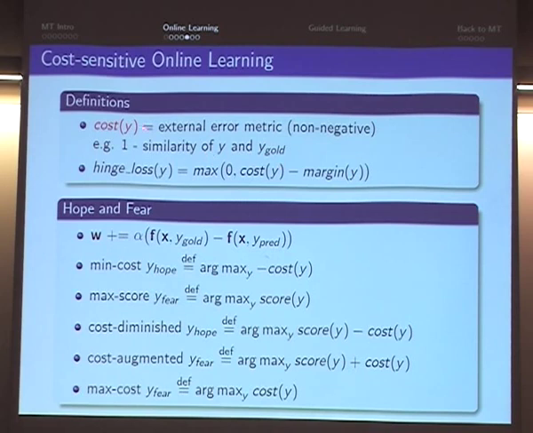So in the simplest case, you have just 0, 1 cost. But for part of speech tagging, you can say, well, proper noun in plural and singular, I don't care about this. It's a minor error. It's not like predicting verb instead of noun. So you can put different cost for different errors.